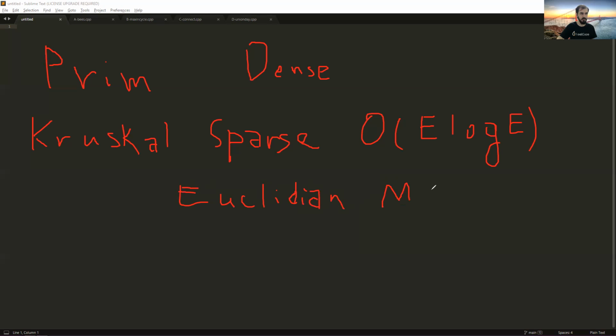So Euclidean MST is the same problem as before with some exception. Now we have several points in a plane, in three-dimensional space, whatever. The point is that we now have a fully connected graph. So all edges are present. We can connect any two points. It makes the graph obviously dense, a complete graph with all the edges possible.